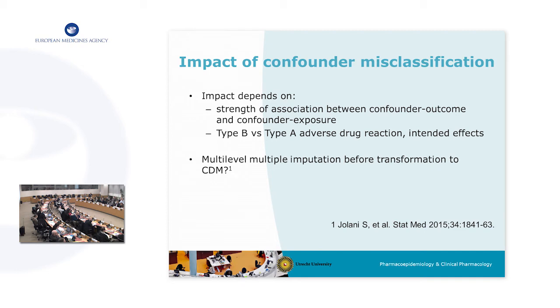And there are techniques to take heterogeneity between data sources into account and to actually do some multiple imputation, which we may want to do before we transform to a common data model. But this is something I think to further consider.